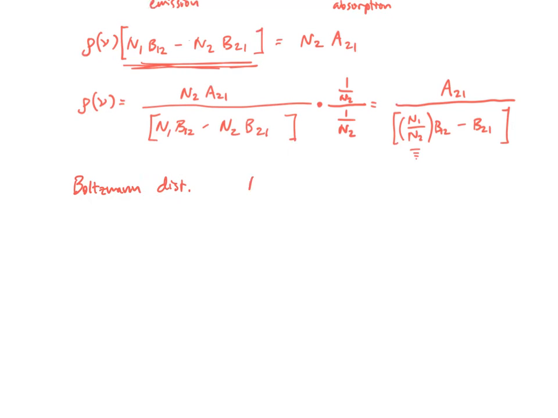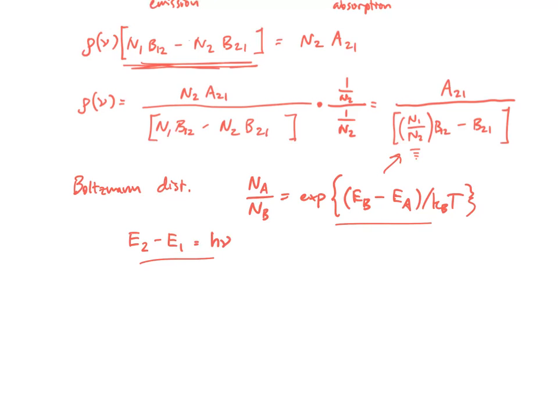And the Boltzmann distribution says that if we compare the number of atoms at energy level A divided by the number of atoms at level B, it just equals e raised to the power of the energy of the B level minus the energy of the A level, divided by Boltzmann's constant times temperature. And since the difference between energy level 2 and energy level 1 in our system equals h nu, we can plug all of this combination of things in for right there.